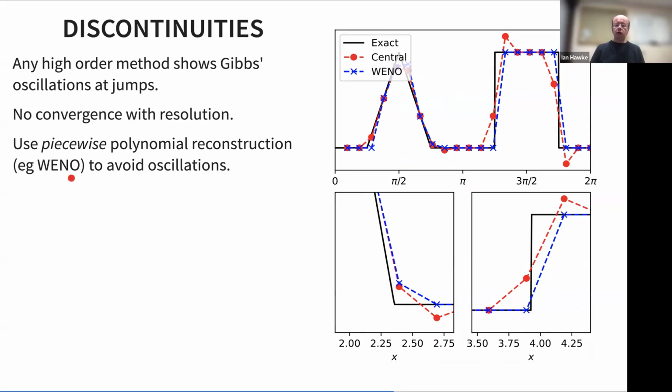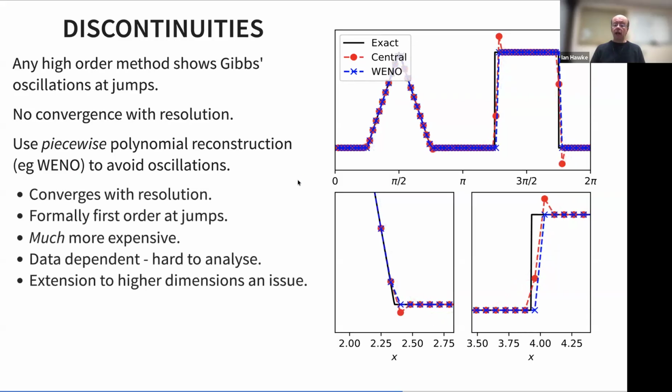Standard methods for doing this are called the weighted essentially non-oscillatory methods. So ENO is just saying, look at the polynomials. If they start oscillating, then shift them off to one side. What we see here in blue is the WENO scheme behaving very nicely, and as we increase resolution, it converges. Now, these formally converge only at first order at jumps.